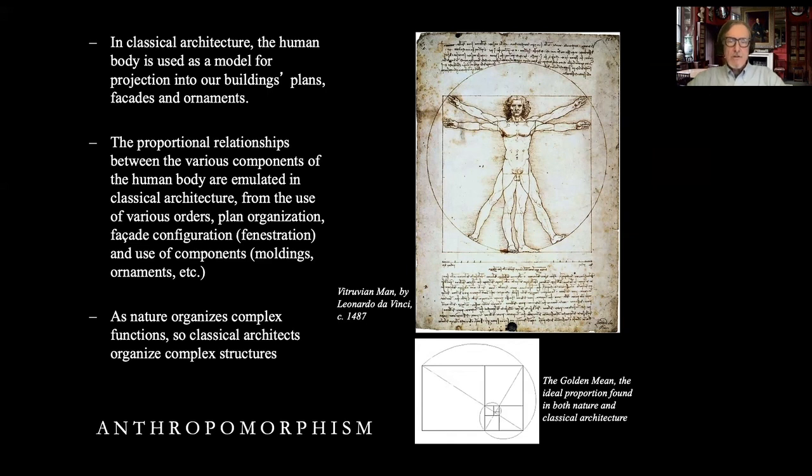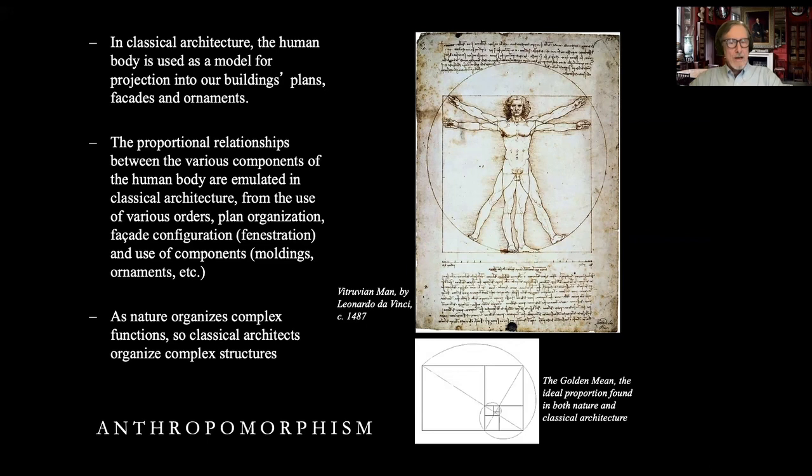The orders of classical architecture are replete with alignments to the proportions of the human form, and their characteristics are often associated with human archetypes. Plan organization, facade configurations, and decorative motifs often emulate the human form in one way or another.